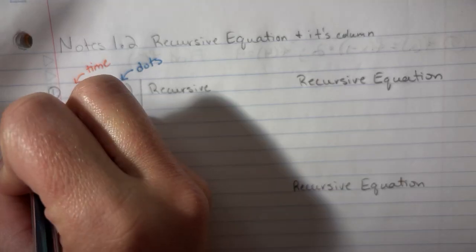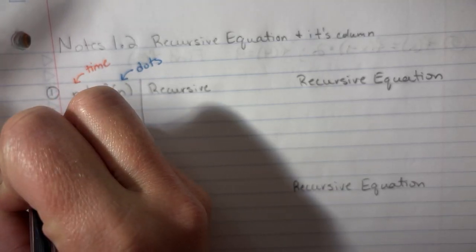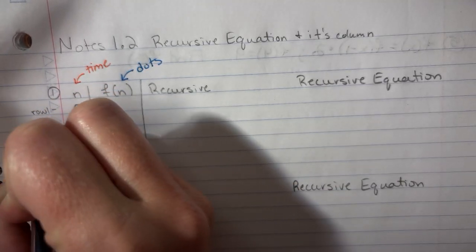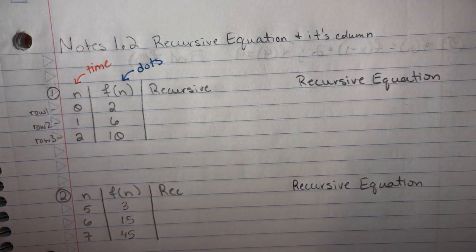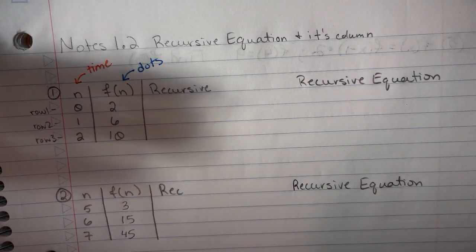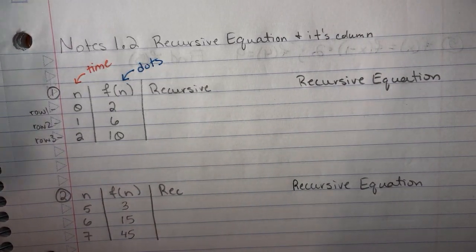So this is row 1, this is row 2, this is row 3, and then as we are going down this table, we see that we are adding by 4, which makes this an arithmetic sequence.